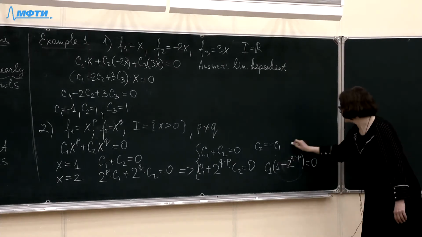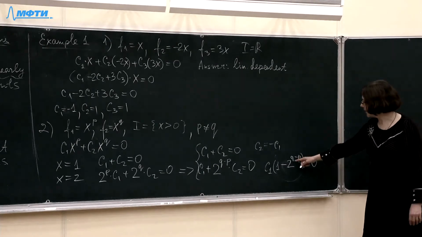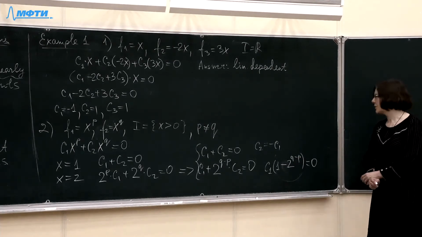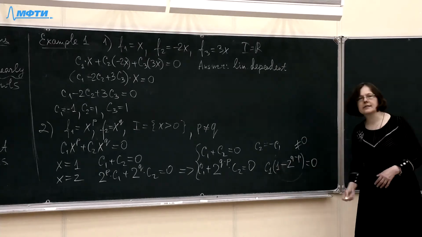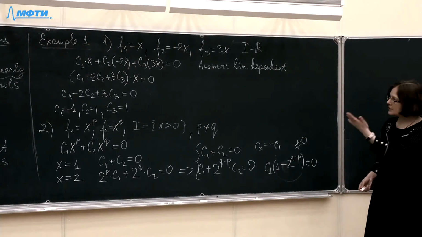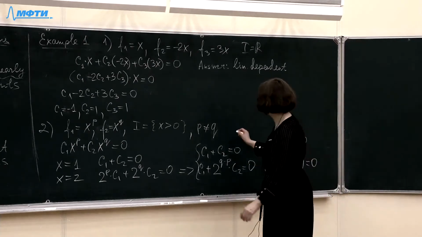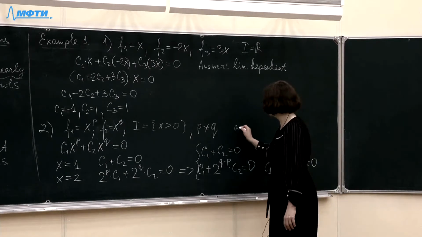But this factor is not 0 because p is not equal to q. So this is not 0, and this means that C1 is 0. So these two functions are linearly independent.